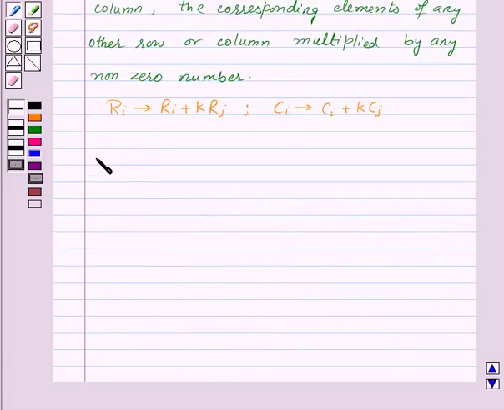Now let's move on to our next topic, invertible matrices.